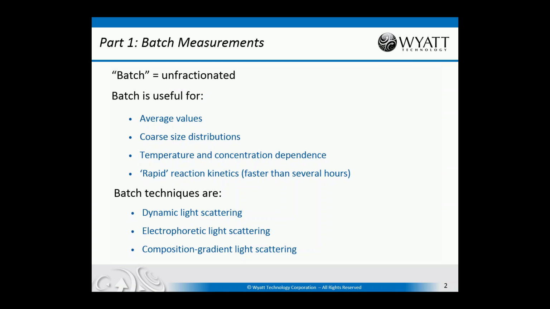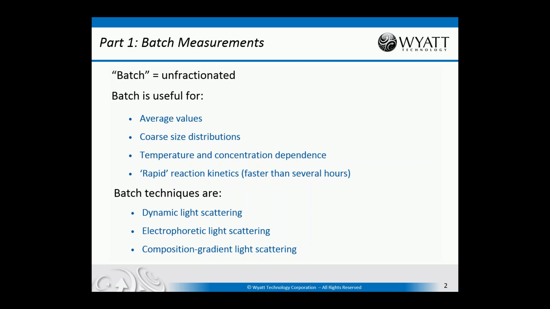Brief review of part one. Batch, meaning unfractionated measurements, is useful for measuring average values, for instance, average molecular weight, average size, as well as obtaining relatively low resolution size distributions using dynamic light scattering. You can use it to look at temperature and concentration dependence, for instance, determining critical micelle concentration or critical micelle temperature, as well as rapid reaction kinetics, meaning not millisecond reactions, but from seconds up to about an hour or two.